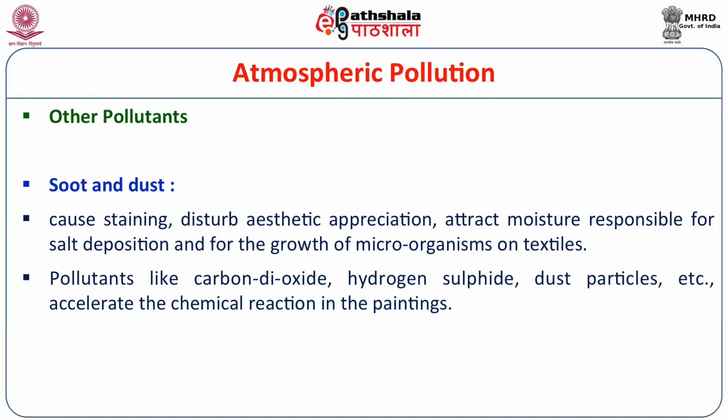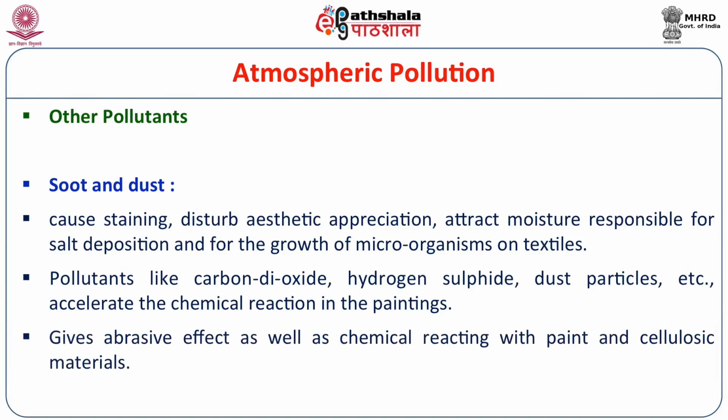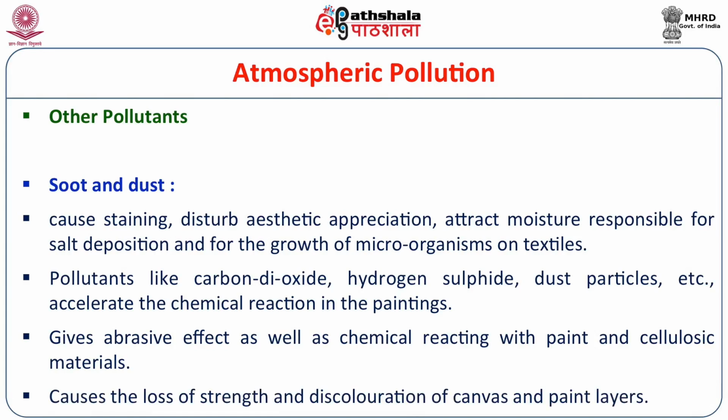Pollutants like carbon dioxide, hydrogen sulfide, dust particles, etc. accelerate the chemical reaction in the paintings. It also gives abrasive effects as well as chemical reaction with paint and cellulosic materials like paper, textile, etc. It causes the loss of strength and discoloration of canvas and the paint layer in the case of painting.